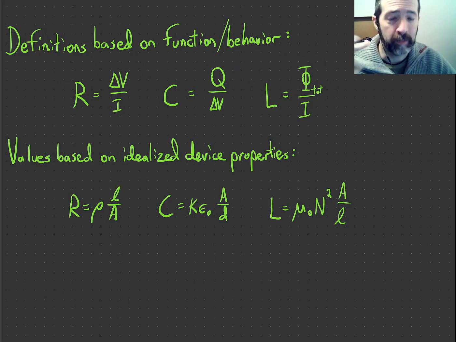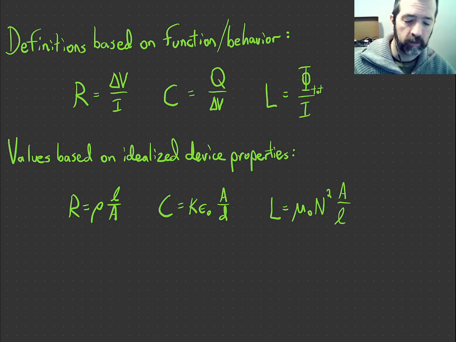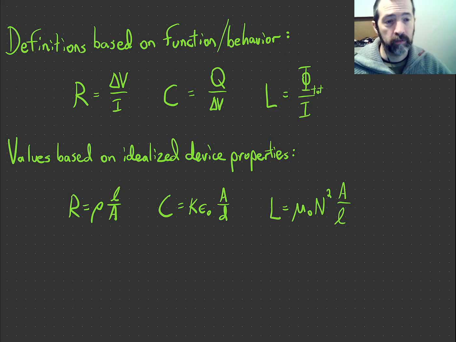So again, it doesn't really matter what the device is actually made of, whether it's a parallel plate capacitor or something else. Just looking at how much charge is accumulated and what the potential difference is. So then, similarly for inductance, all you have to do is measure the amount of flux that passes through a device relative to the amount of current flowing through it.